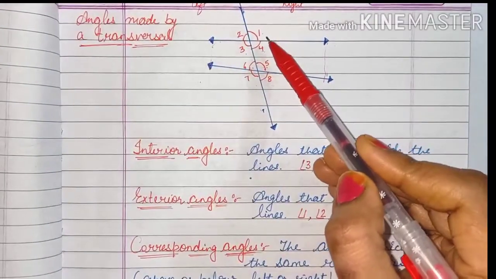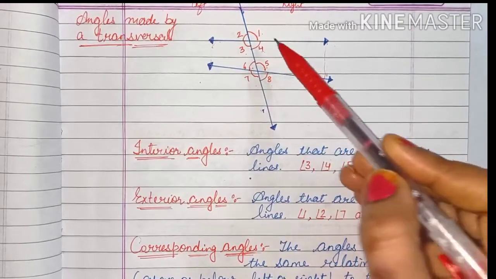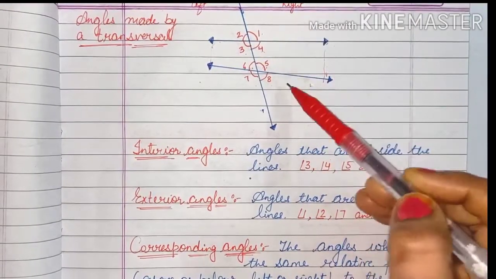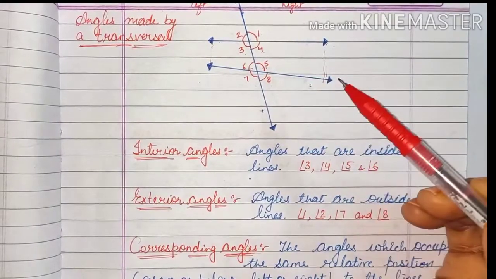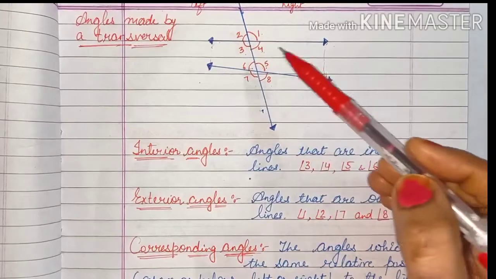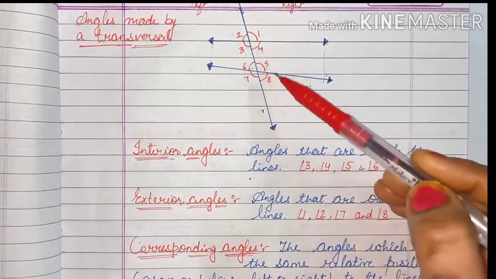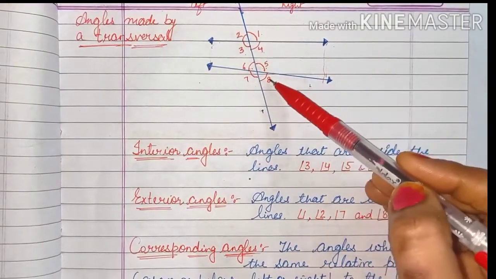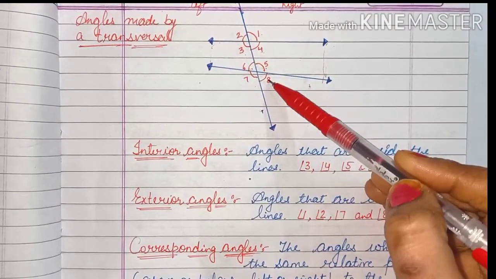Here on the right side, the angles which are above: angle 1 is above the line and angle 5 is above the line. So angle 1 and 5 are corresponding angles. Similarly below, 4 and 8 are both below the lines, so these are also corresponding angles.